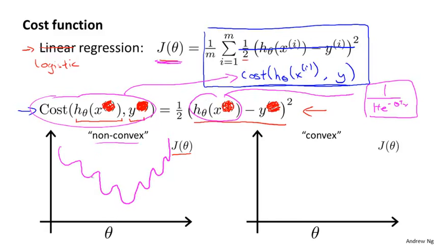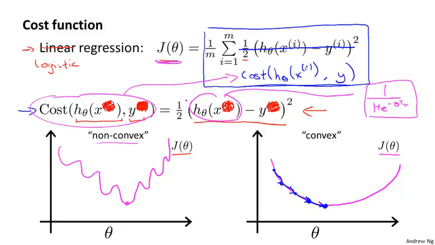You can kind of tell that if you were to run gradient descent on this sort of function, it is not guaranteed to converge to the global minimum. Whereas in contrast, what we would like is a cost function J of theta that is convex, a single bow-shaped function that looks like this, so that if you run gradient descent, we would be guaranteed that gradient descent would converge to the global minimum.